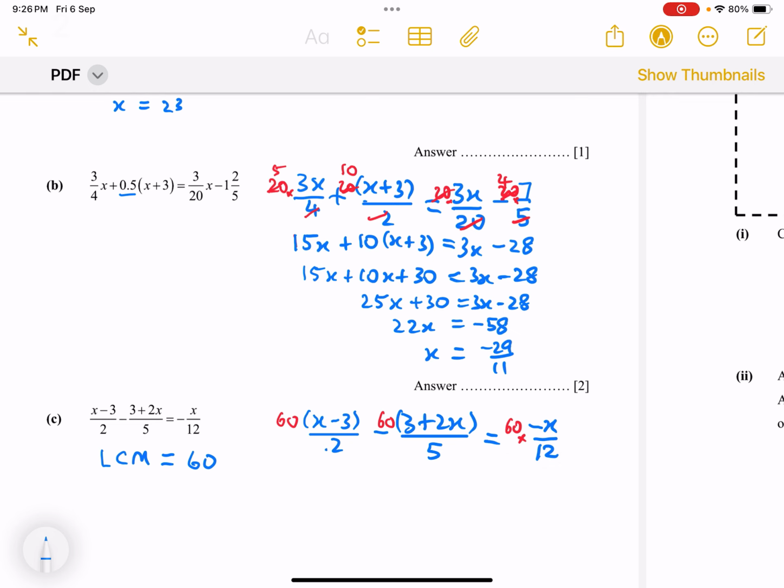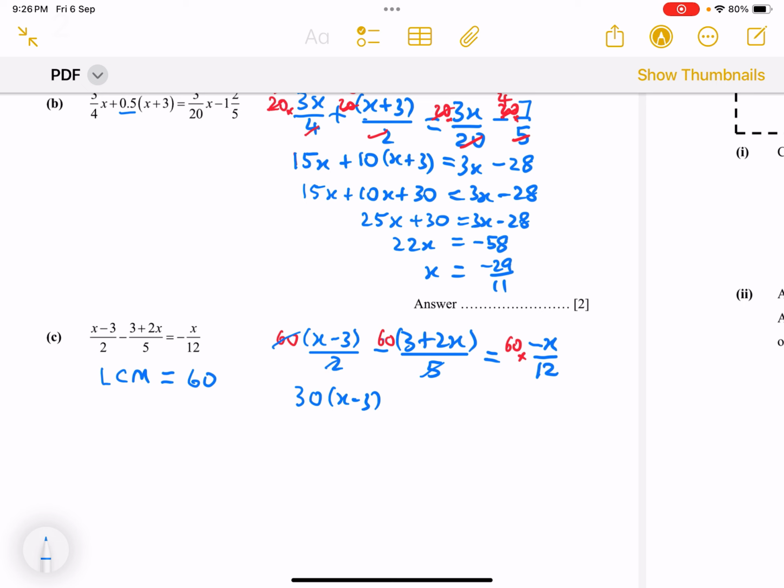So we cancel, it will give us 30 x minus 3, and this one cancel is 12. 3 plus 2x cancel is 5, so it is negative 5x. Right, so now we use the distributive law to open up.